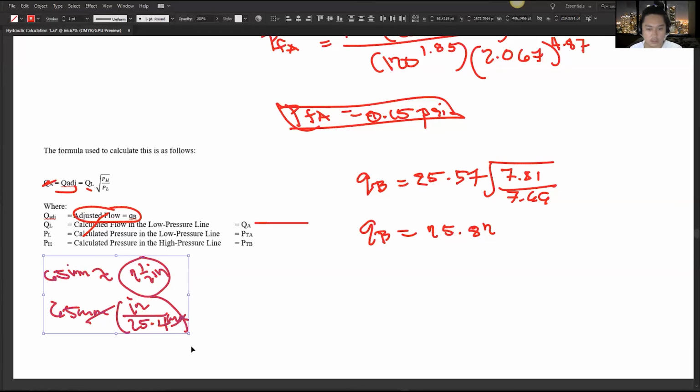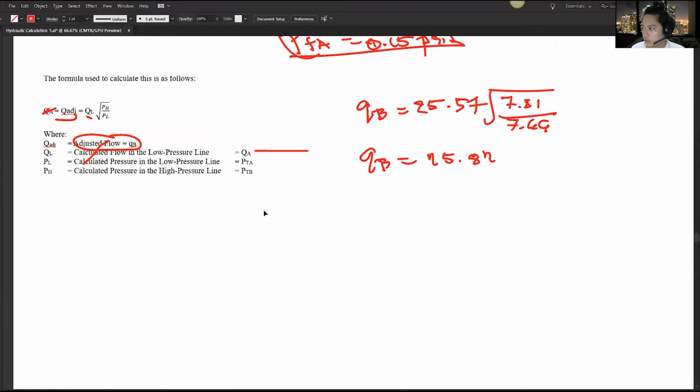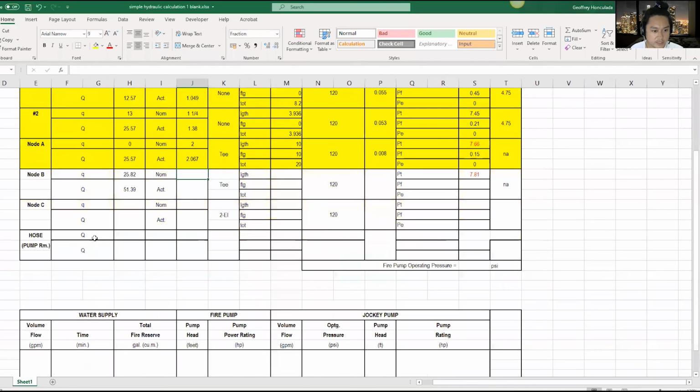We'll fill this out. Our nominal size was 2.5.